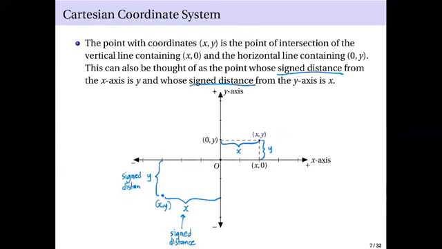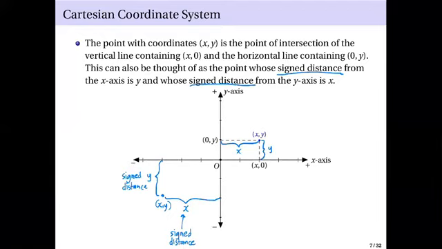But the actual distance of the point to the x-axis should be the absolute value of y. And from this point going to this, it should be the absolute value of x. So that's the actual distance.